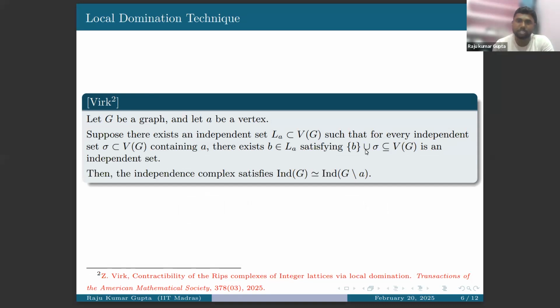In this situation, we say that A is locally dominated by this independent set L_A, or in terms of the independence complex of G, we say that A is locally dominated by this simplex L_A. Then again, we can remove the vertex A from the graph G and preserve the homotopy type of the independence complex of both graphs.